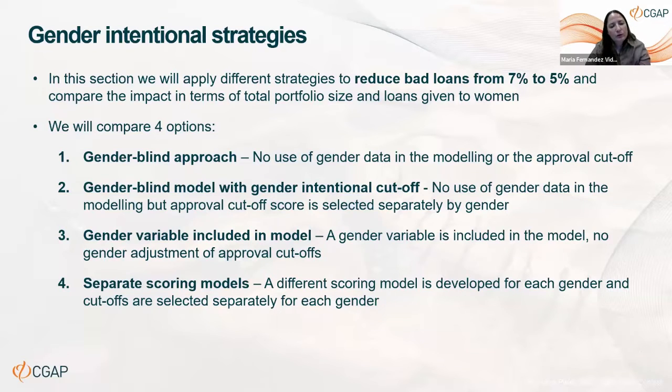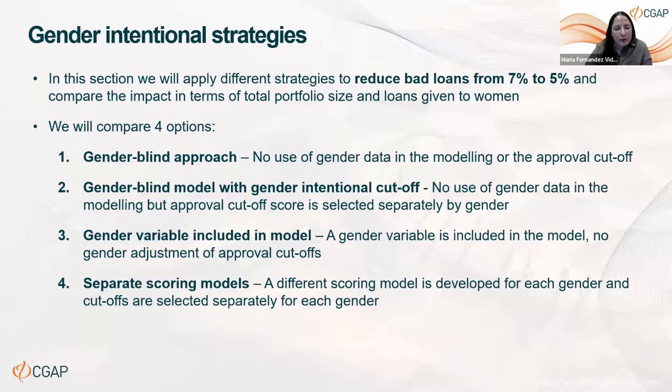And then those two can be done without redoing the scoring model. So even if you don't do your scoring models in-house, as long as you have the scores for people and you have the gender information, you could apply number 2 without the need to redo a score or even having the equation for the score.